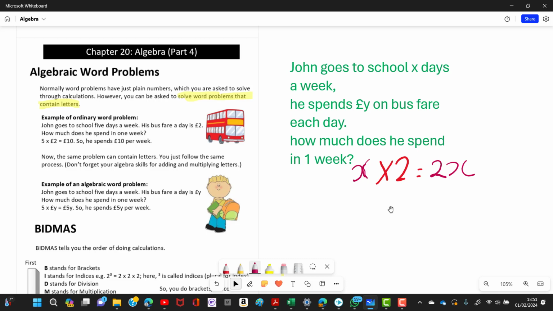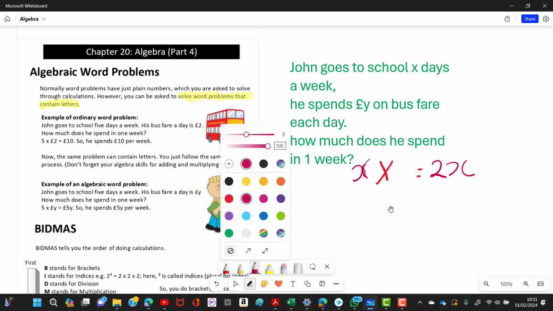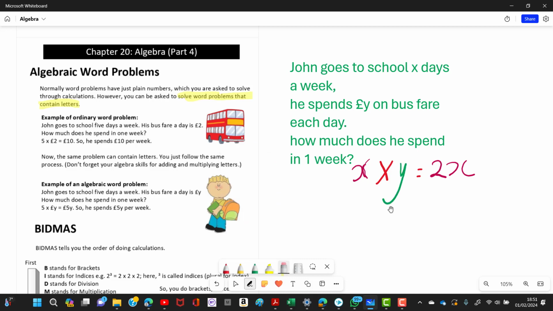Instead of 2, that changes to a y. So what is x times y? If you times letters together, you join them with magic super glue and it becomes xy.